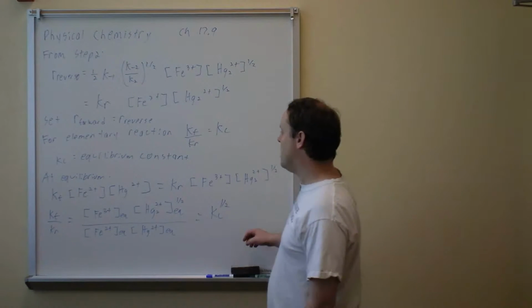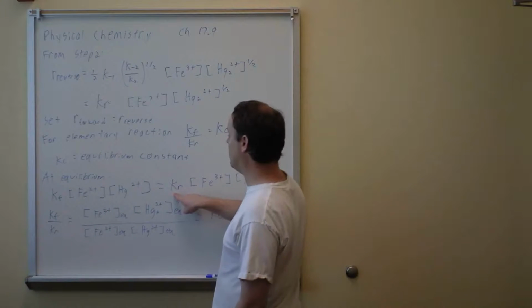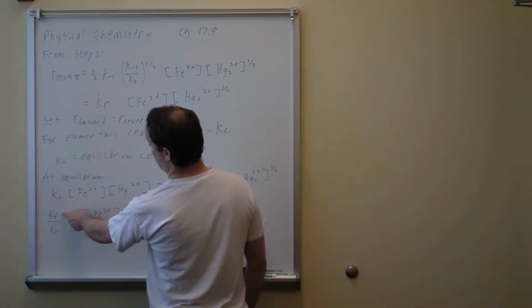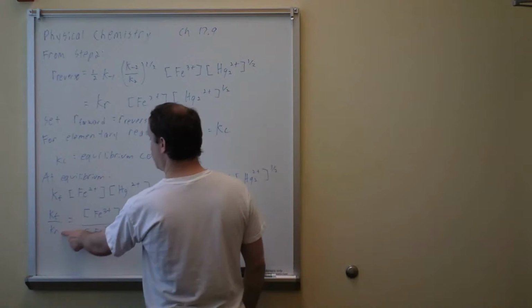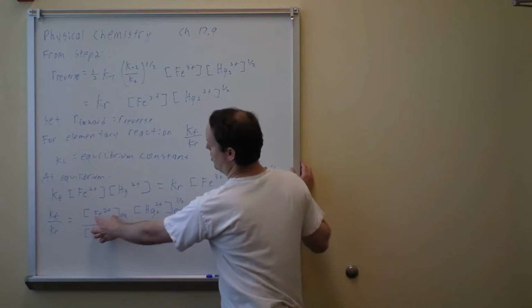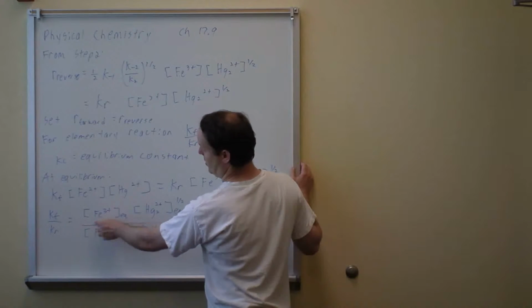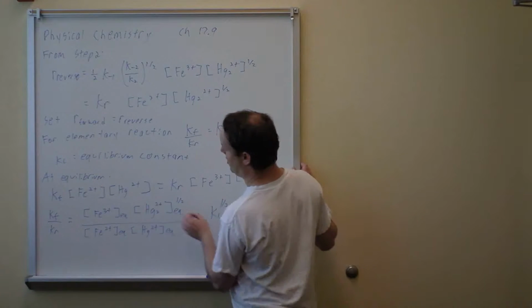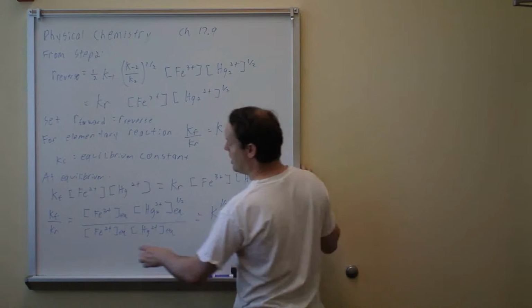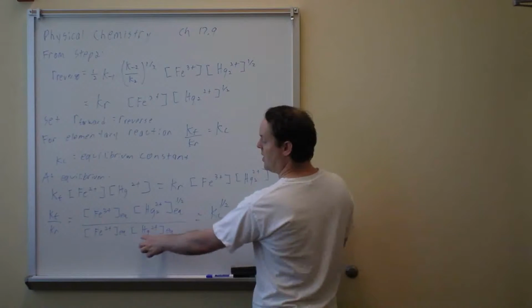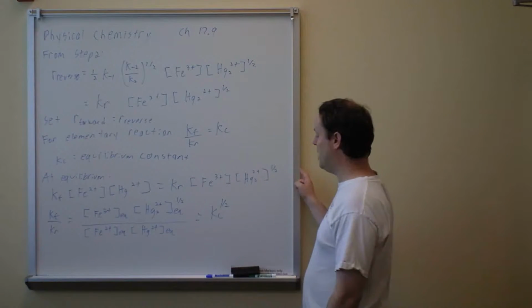And then just doing a little division, solving for the rate constants on one side, we have the rate constant of the forward reaction divided by the rate constant of the reverse reaction, and that's going to be equal to the equilibrium concentration of Fe3+ times the square root of the equilibrium concentration of Hg2 2+, divided by the equilibrium concentration of Fe2+ times the equilibrium concentration of Hg2+.